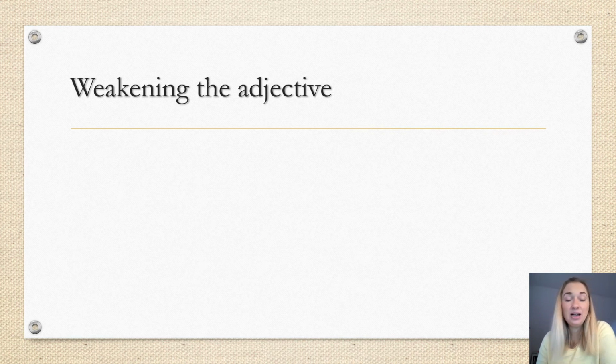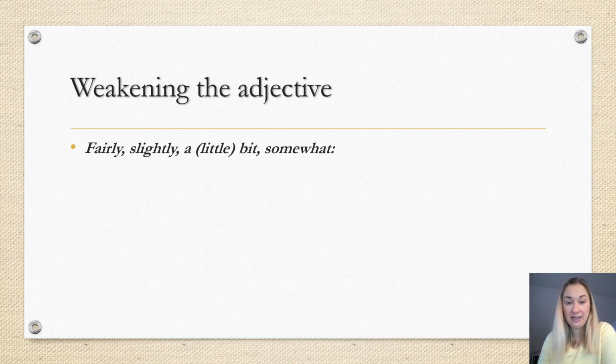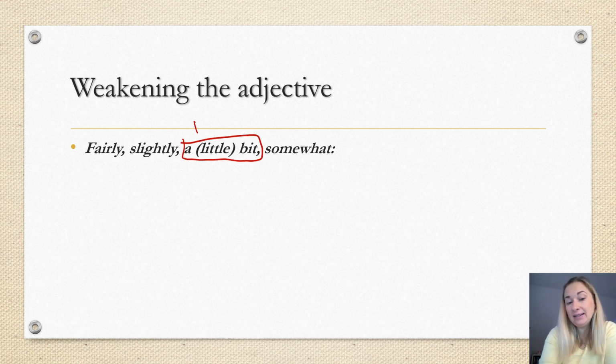The same thing goes with the other way. We can also weaken the meaning of an adjective. For that, we use modifiers like fairly, slightly, a bit, a little bit. A bit and a little bit are informal.